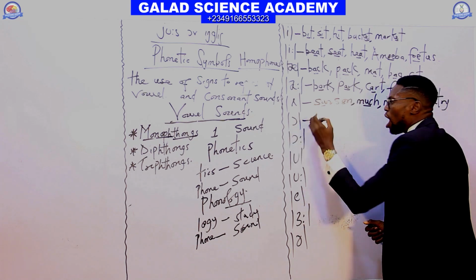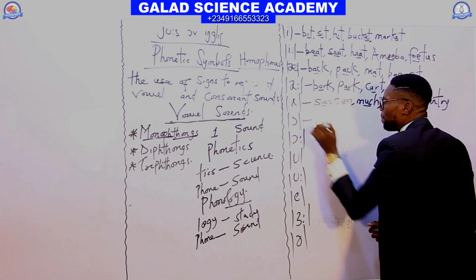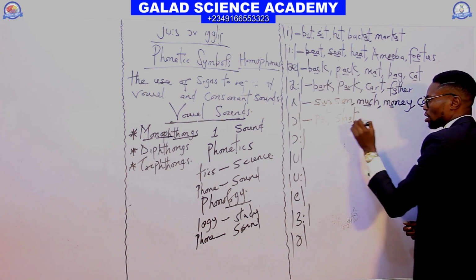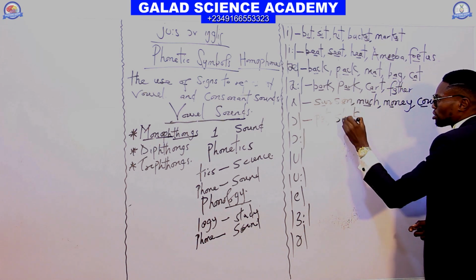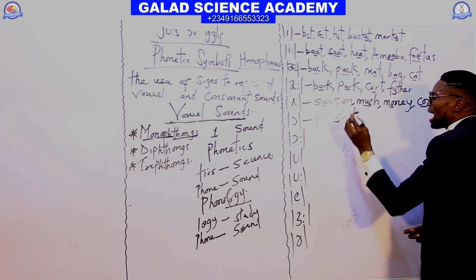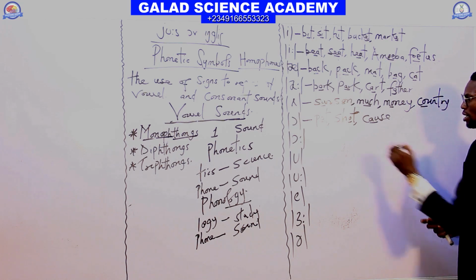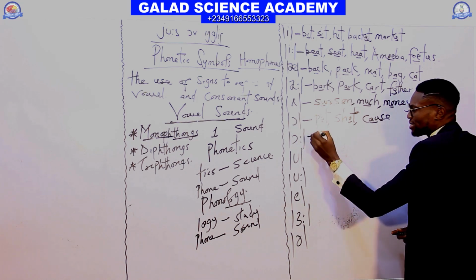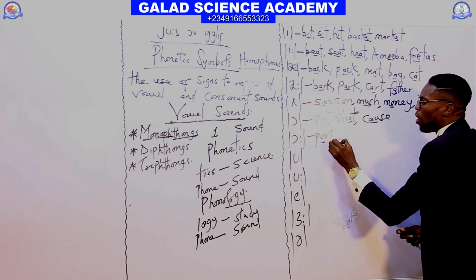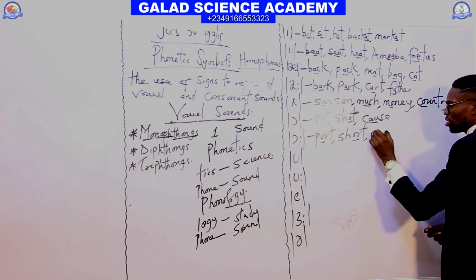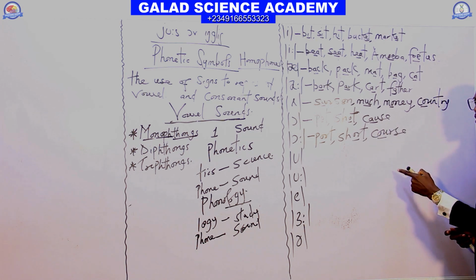We have O as in pots, shorts. I also have shorts. I have course. If I have this long O as in pots, shorts, course.